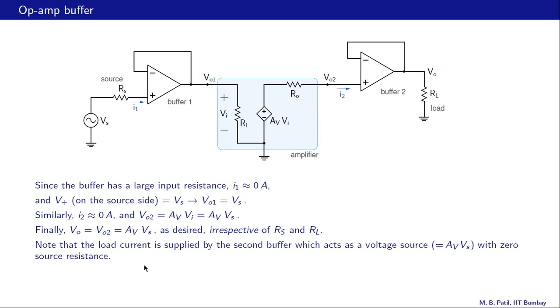So when we started off, we got VO equal to VI for the buffer, and it was not clear whether that is at all a useful relationship, because we are simply getting VO equal to VI. But now it should be clear that a buffer really has a very important role to play in electronics when we want to isolate the source from the load.